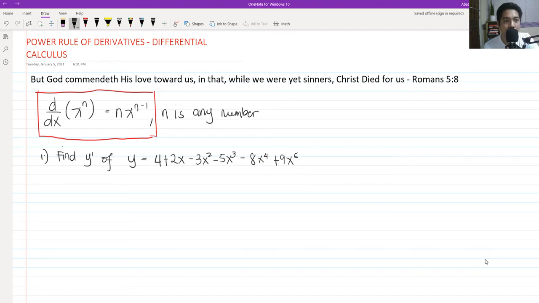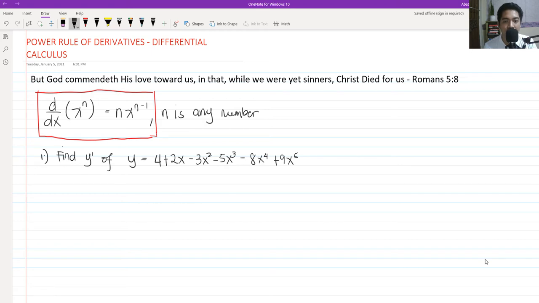So the formula will be n multiplied by x raised to n minus 1, where n is any number or integer.